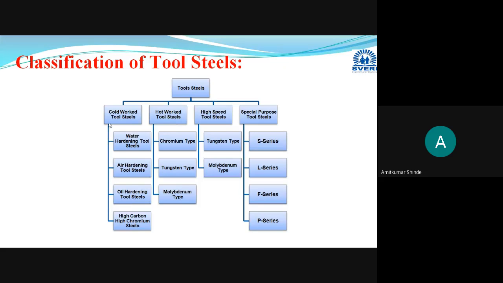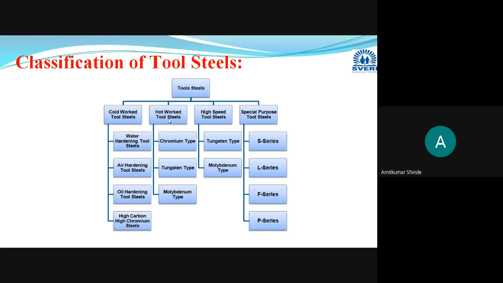Now, what is the difference between cold working operation and hot working operation, or simply cold working and hot working? For any specific metal, there are some temperature ranges or terms used. First I will tell you what cold working and hot working are.